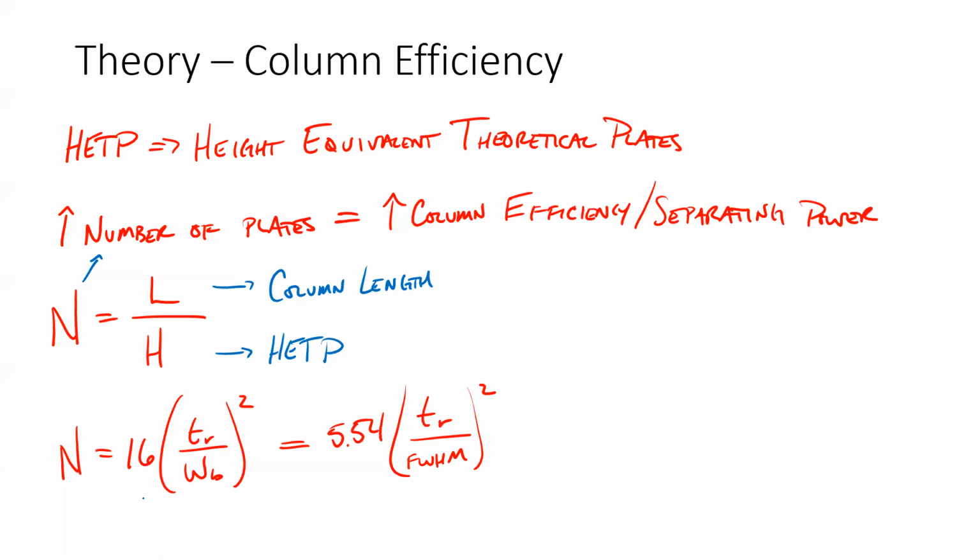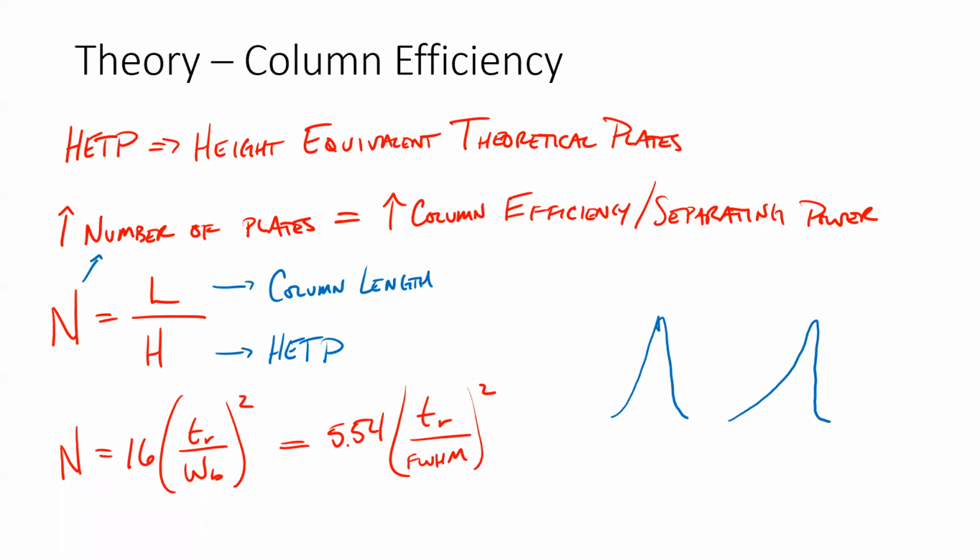Again, just as a visual demonstration, if we have a nice symmetric peak, then there's no problem using the baseline width. If we have a phenomenon called tailing, where the tail of our peak is a bit longer than the front of our peak, this is no bueno, right?